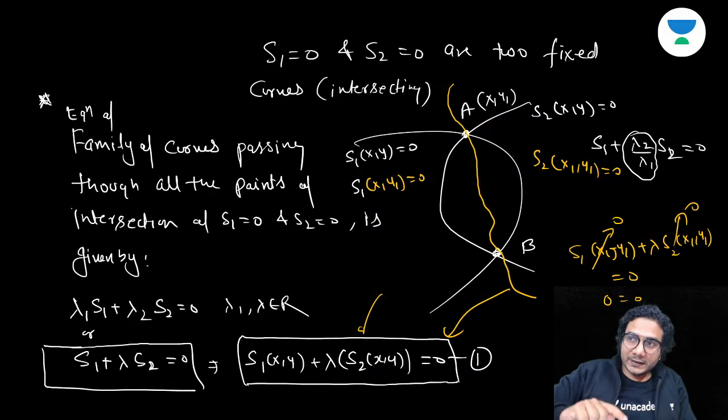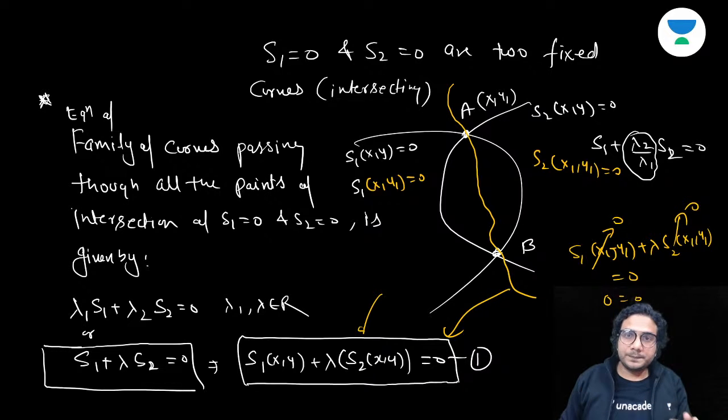So S1 plus lambda S2 is a curve which passes through the points of intersection of S1 and S2, but not necessarily of the same type as S1 or S2. That means if S1 is a circle and S2 is a parabola, then by adding them, it's not necessary that you'll get a circle or a parabola. You might get a line.